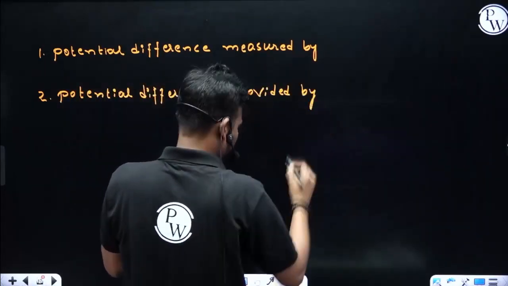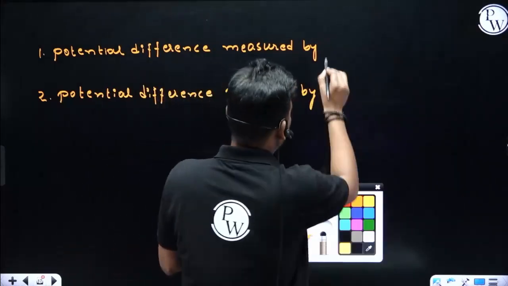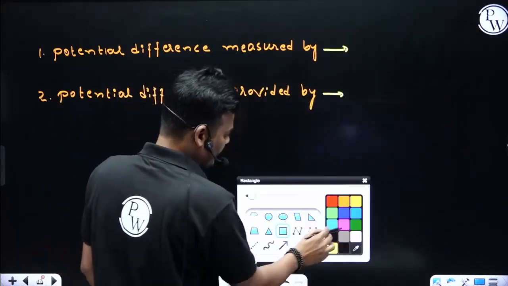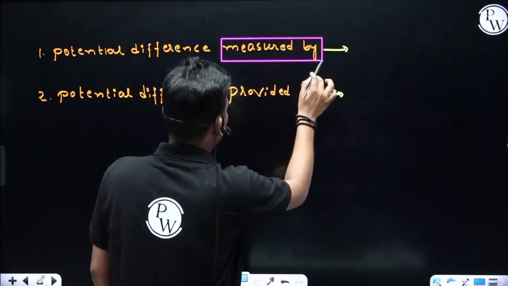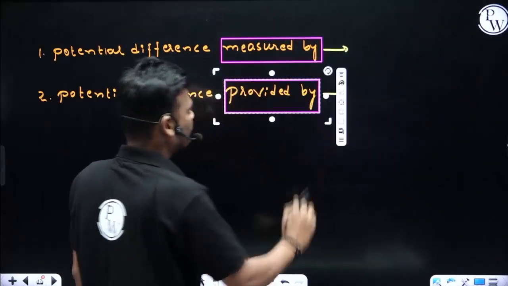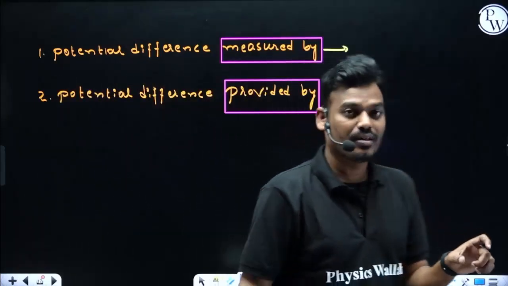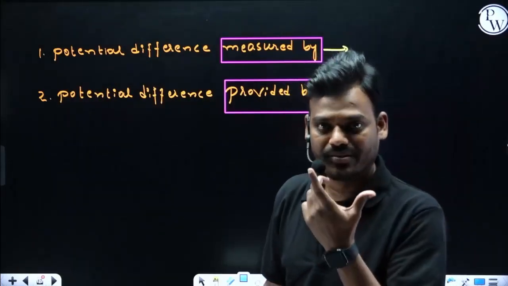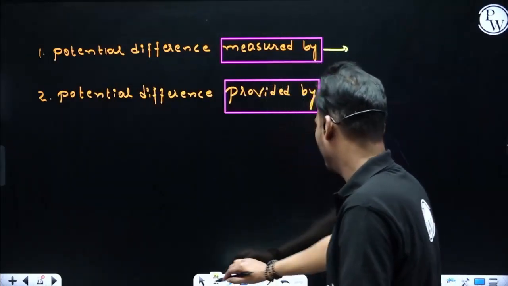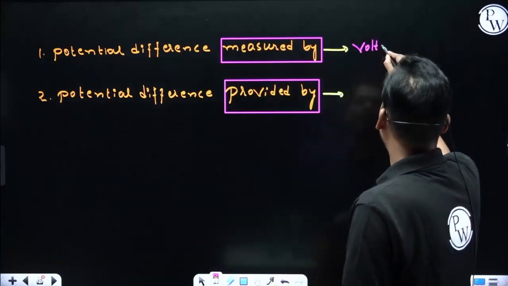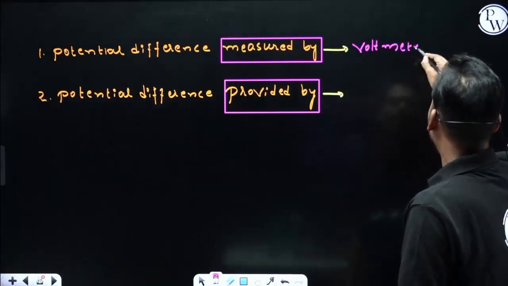Just think about it. Pause the video and think about it. Here you need to concentrate on these two words, measured by and provided by. When we talk about measured, we are talking about a measuring device. That is the voltmeter.